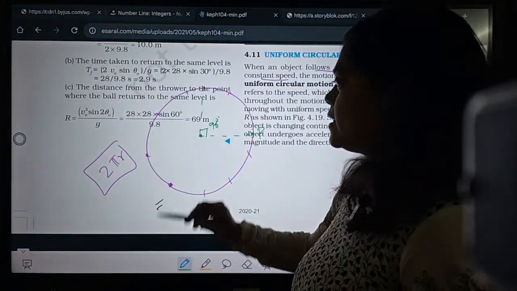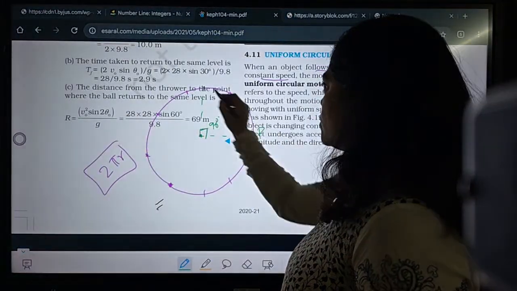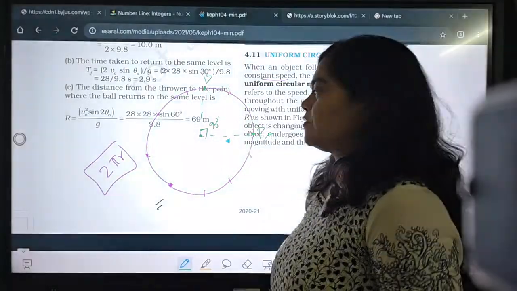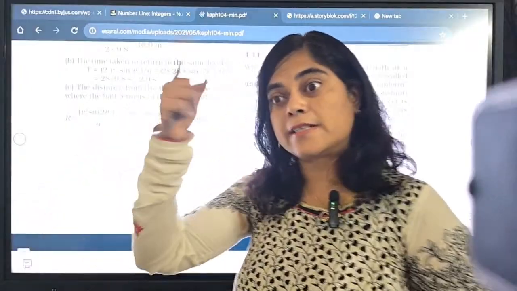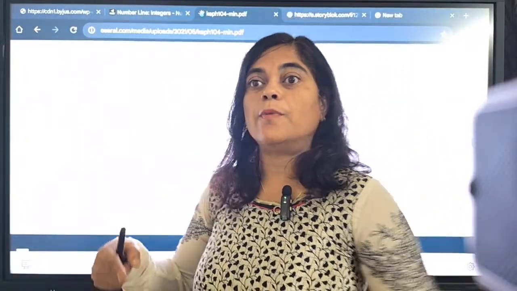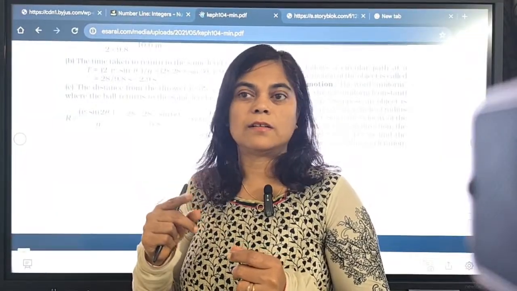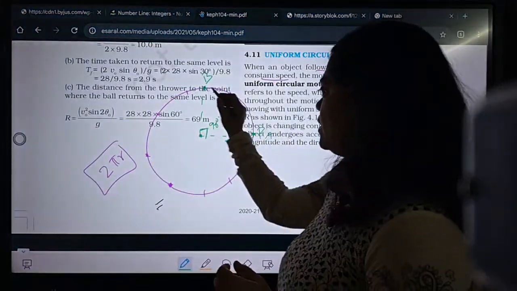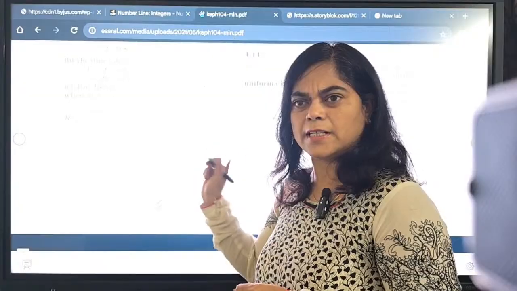So what it says, if the particle is moving from this point to this point, from A to B, for example, it moves with an angle of 90 degree. So what is the total distance traveled by a particle when it completes a circle? That is 2 pi r. Aryan, listen. Suppose the particle moves from here to here, it covers the angular distance of 90 degree.